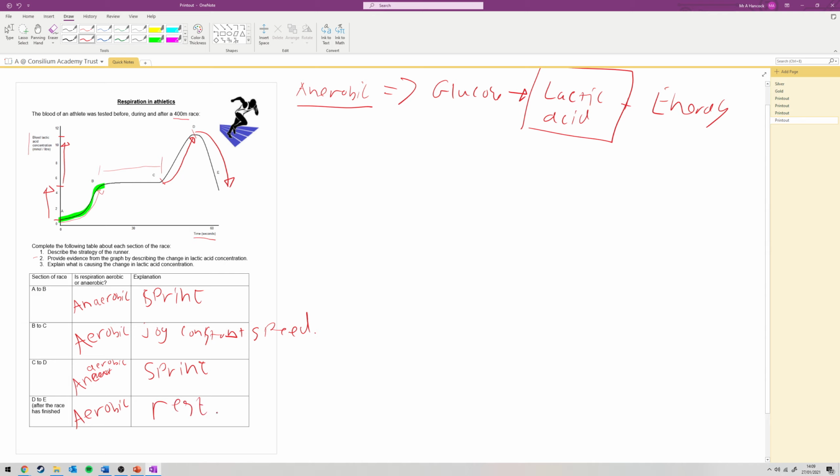Now, hopefully that makes a bit of sense. We just need to understand the idea that if lactic acid is being produced, as in it's increasing, you are respiring anaerobically. If the lactic acid is decreasing, you are respiring aerobically. And if it stays the same, you are still respiring aerobically, but you're not taking in enough oxygen to pay back your oxygen debt just yet.